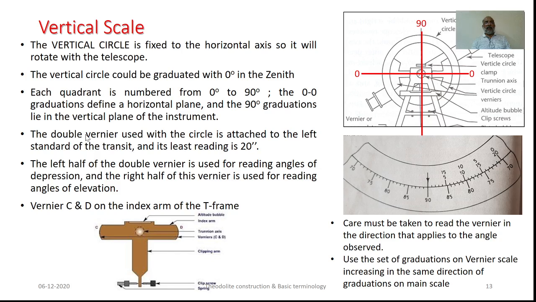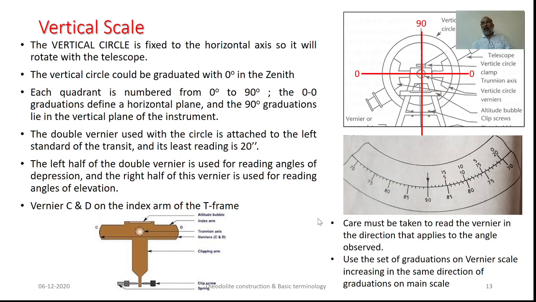Here, the diametrically opposite placed verniers are used in order to have the angle read with 20-second precision. We have already discussed the index arm of the T-frame, which helps us to measure the angles.